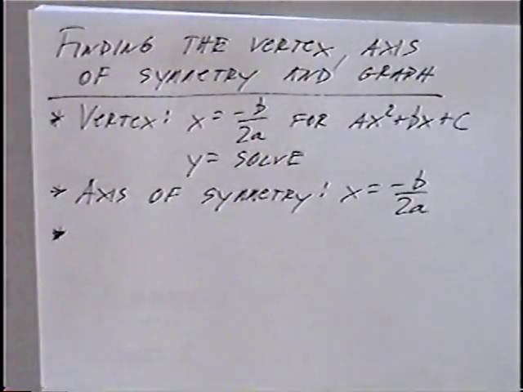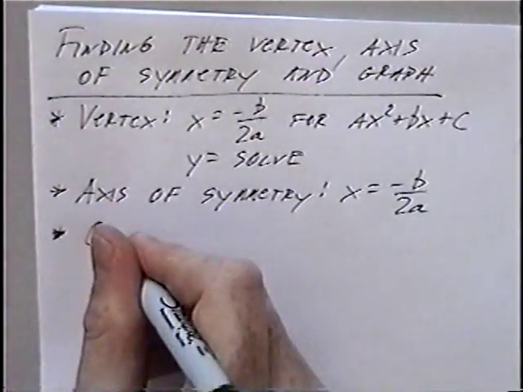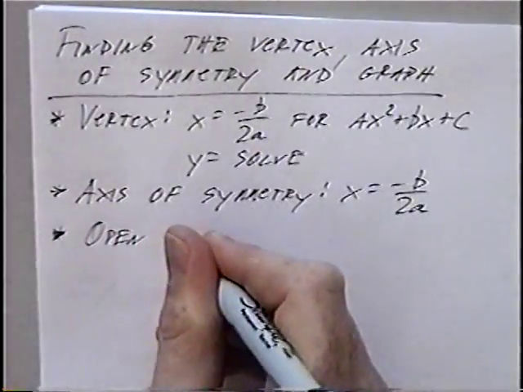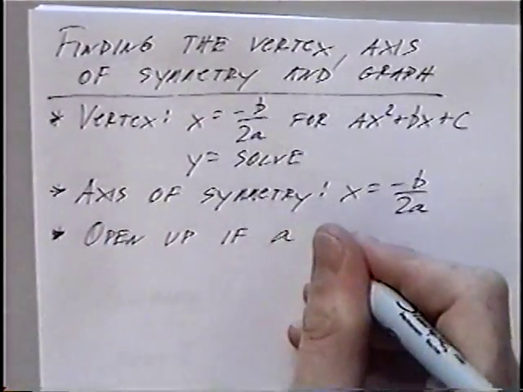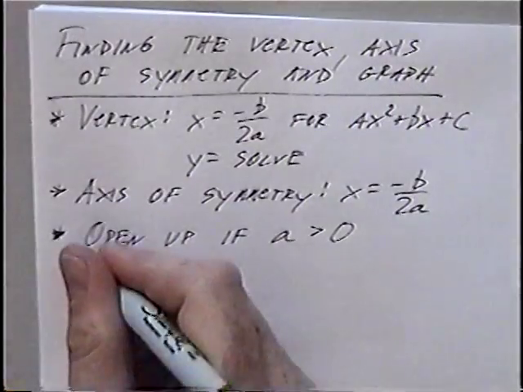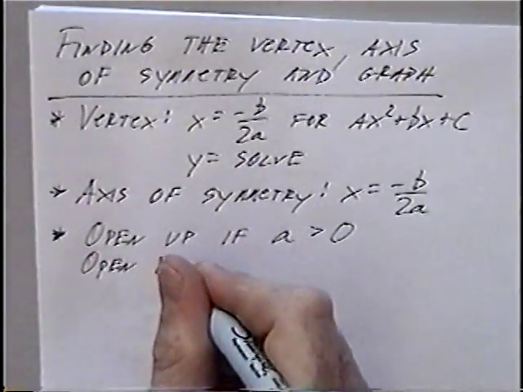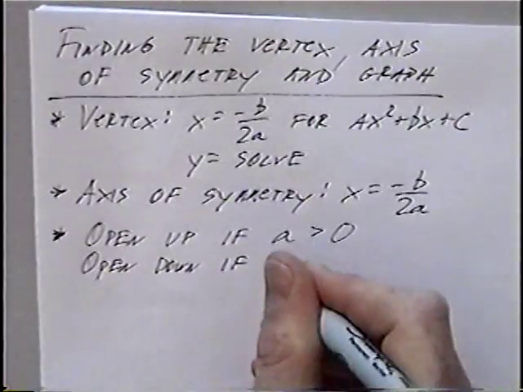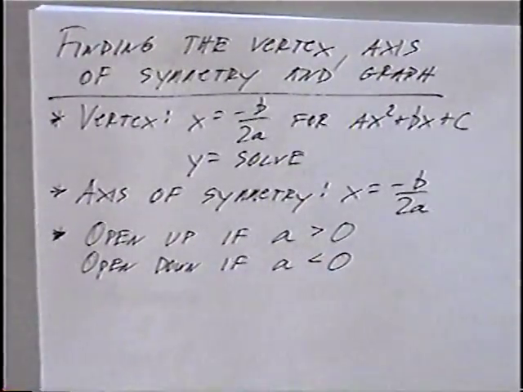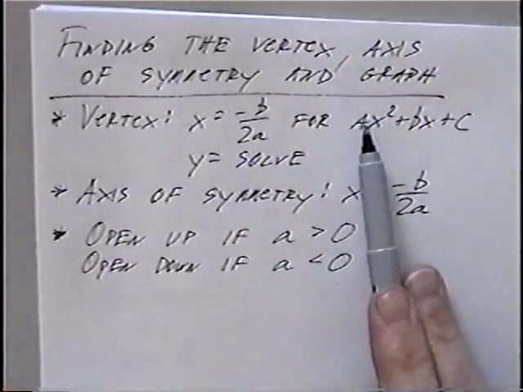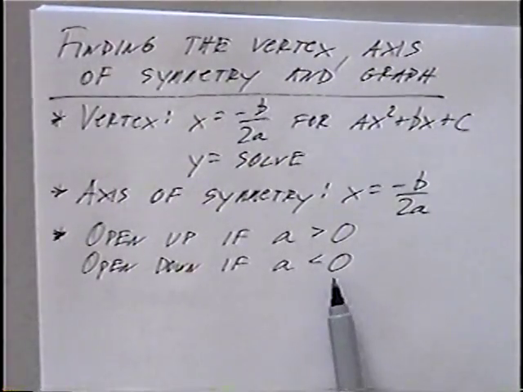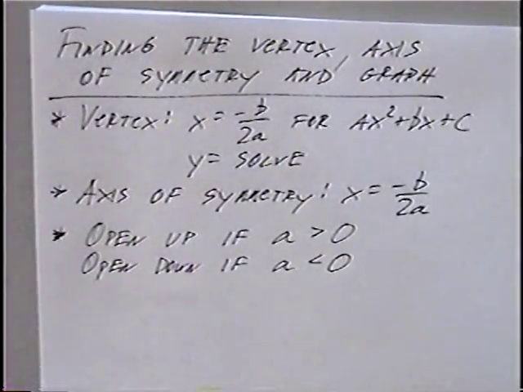And the last definition for this section, the parabola will open up if a is greater than 0, and the parabola will open down if a is less than 0. So if a is a positive number, the parabola opens up. If a is a negative number, then the parabola opens down.